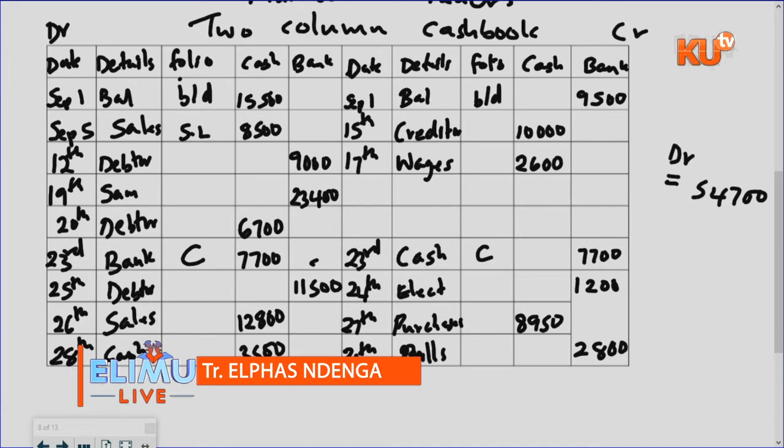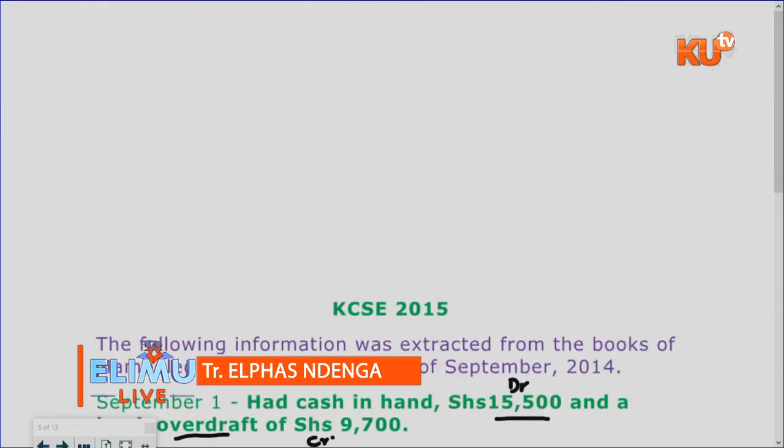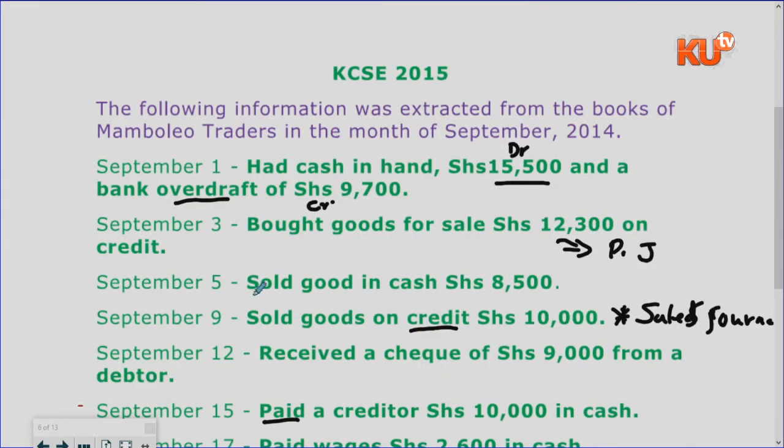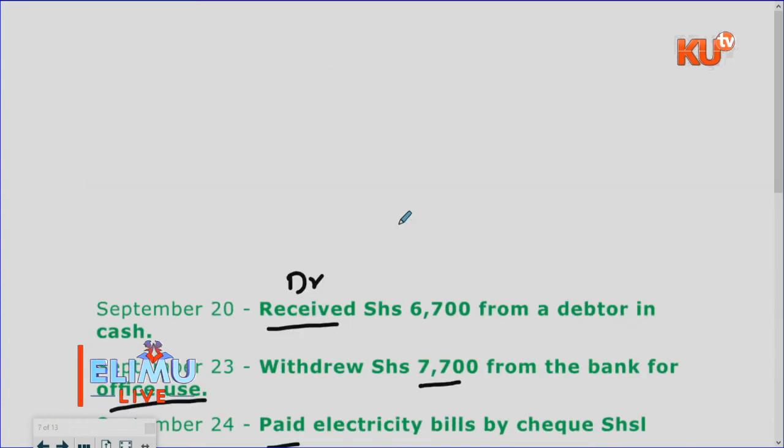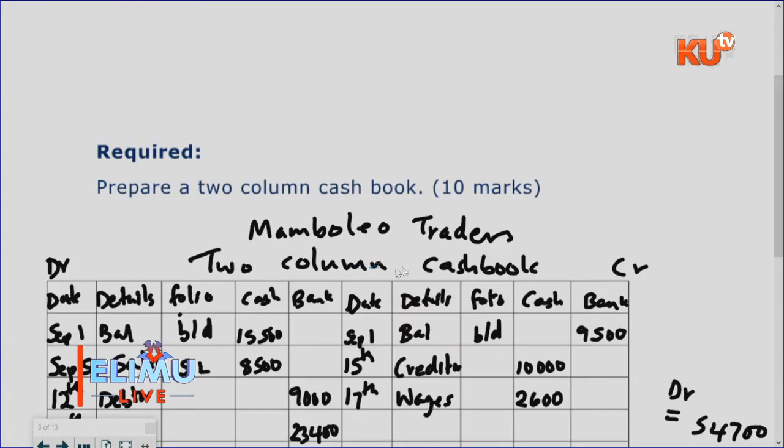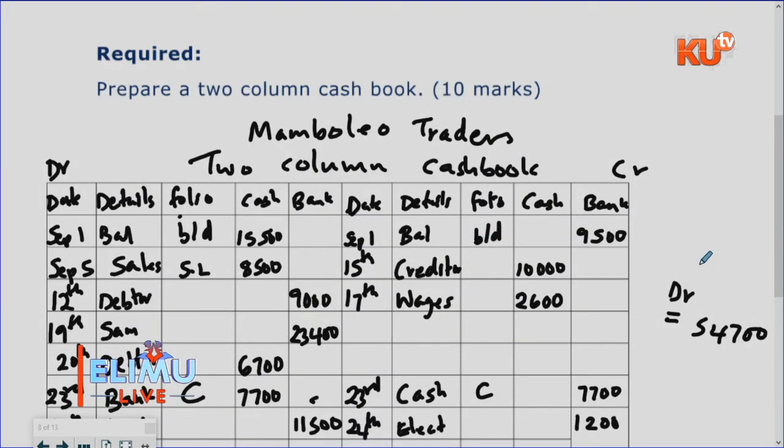Okay. Get totals on the credit side for cash. That is 9,700. Good. The credit side for this is now 9,700.